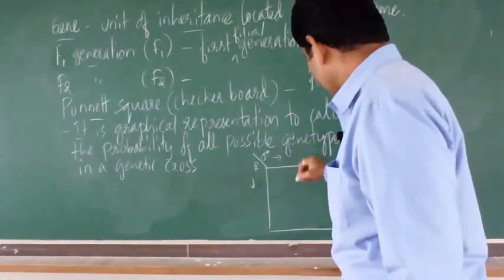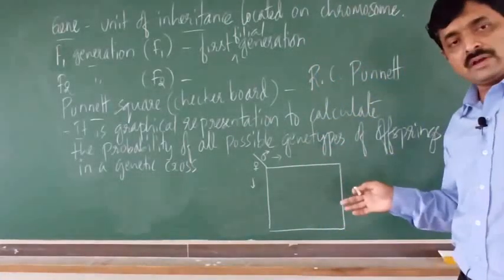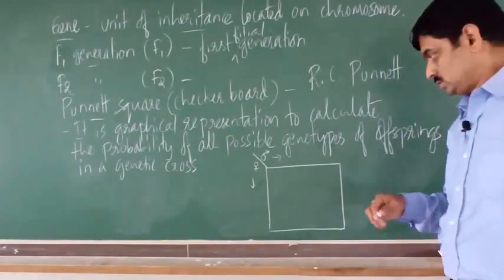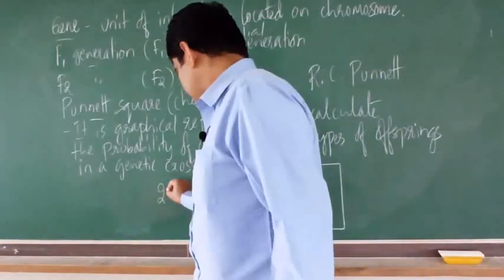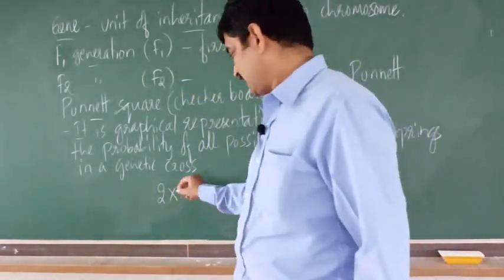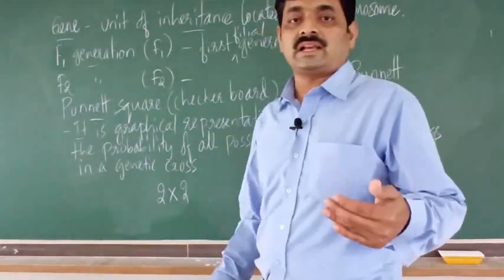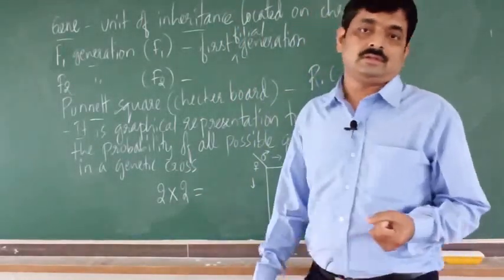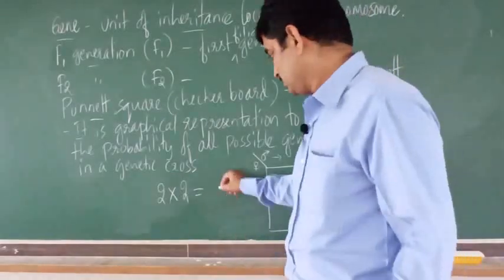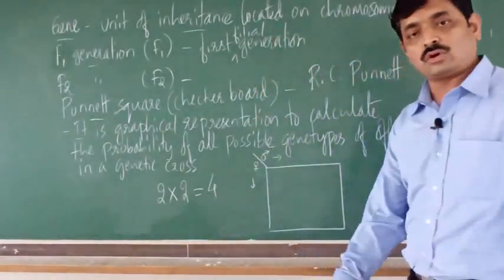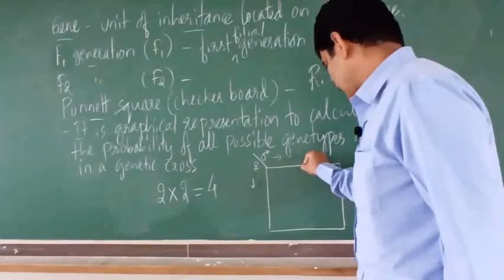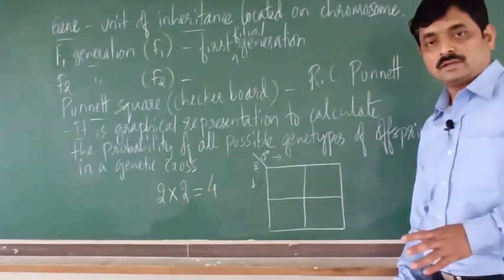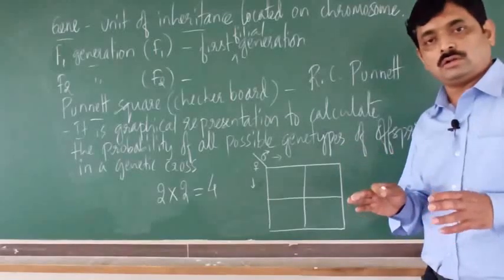Imagine we are fusing two male gametes with two female gametes. So 2 into 2: 2 male and 2 female gametes. When they are fused, what is the number of offspring that we obtain? It is 2 into 2, 4. You will get 4 offspring. That's why in the Punnett square we make 4 small boxes.